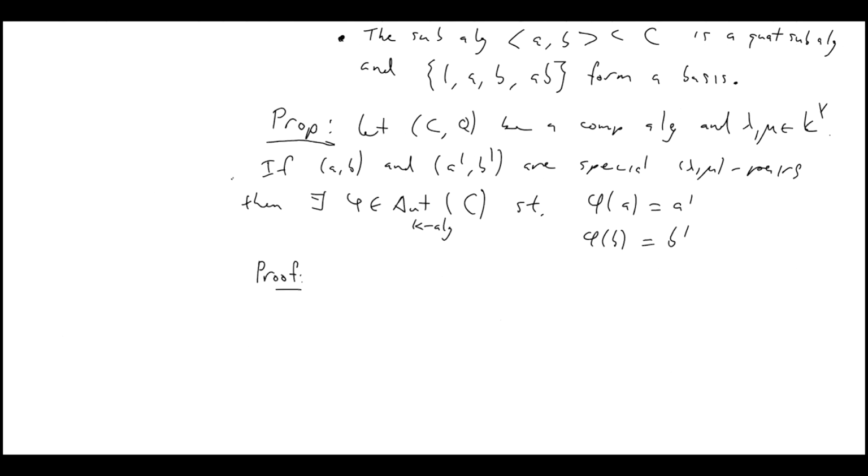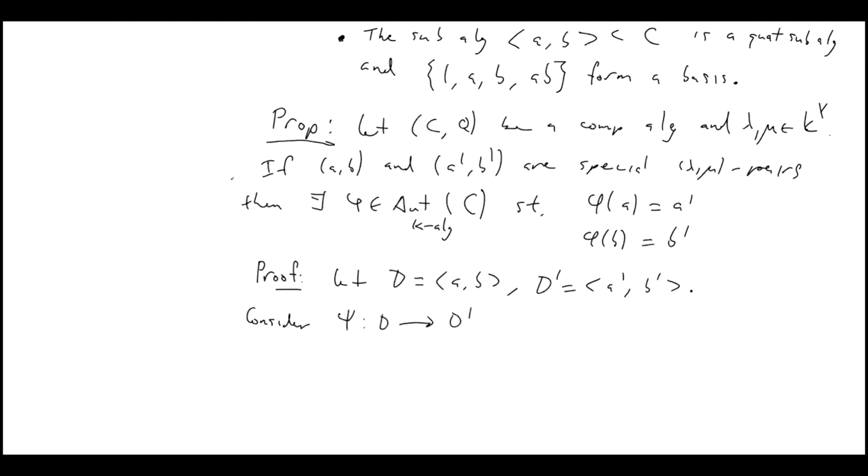Okay, so let D be the quaternion subalgebra generated by A and B, and let D prime be the quaternion subalgebra generated by A prime and B prime. Let's consider the following linear transformation, which I'll call psi, going from D to D prime.